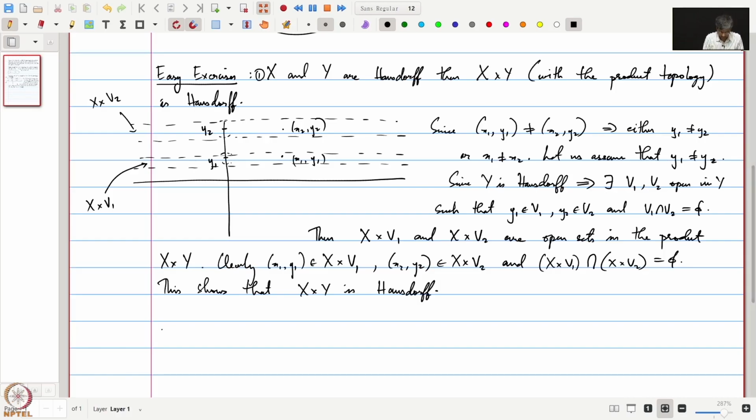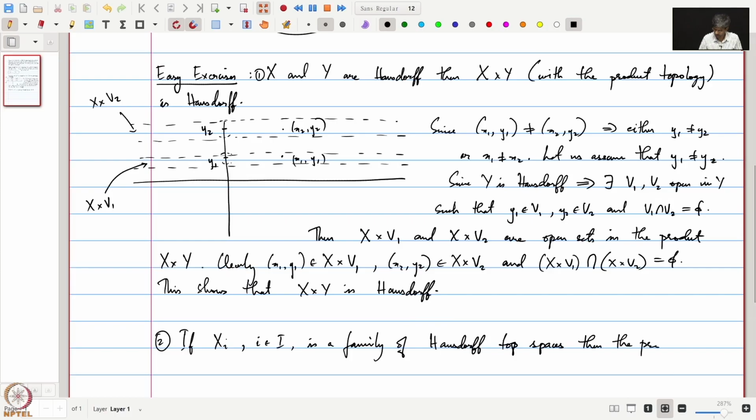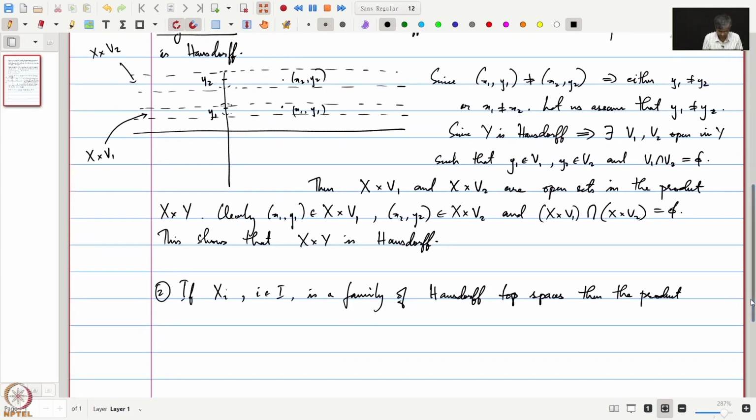In the same way we can easily check that if X_i for i in I is a family of Hausdorff topological spaces, then the product, and obviously every time we talk of the product as a set we are giving it the product topology, is Hausdorff.